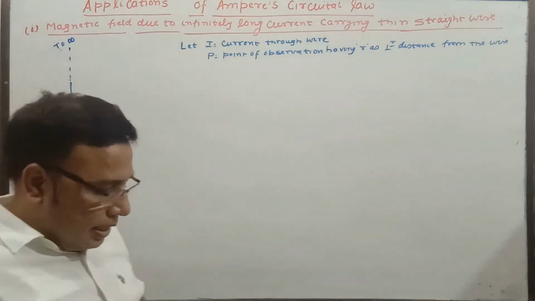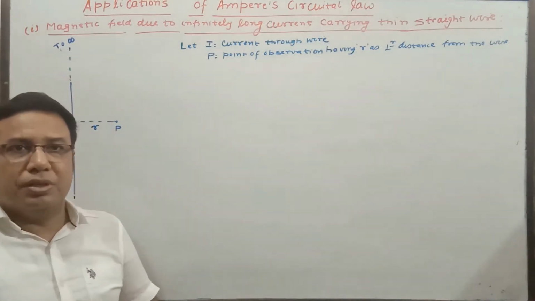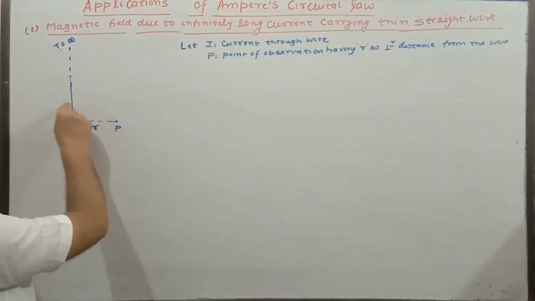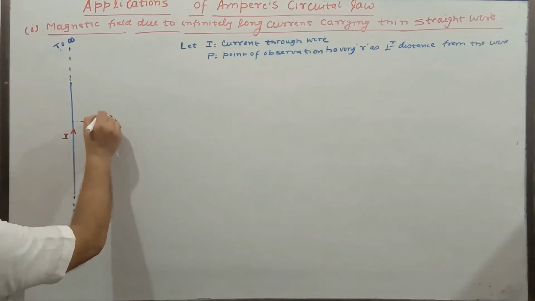What we had seen is that in simple cases we are going to draw an Amperian loop. The periphery of that loop must pass through this particular point P. So if you draw an Amperian loop passing through point P, it is somewhat like this.